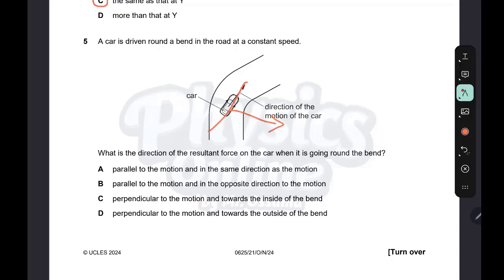The force is always directed to the center. The force and acceleration are always towards the center. So it is perpendicular to the motion and toward the same side of the bend. Again, the force is perpendicular.